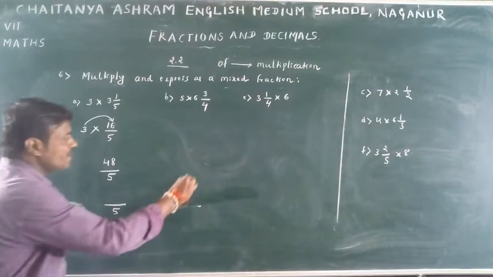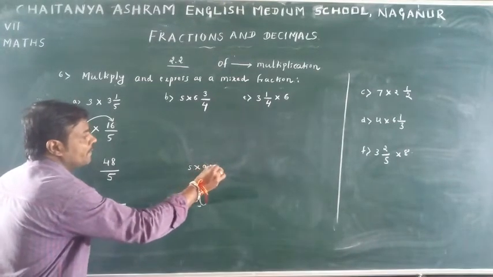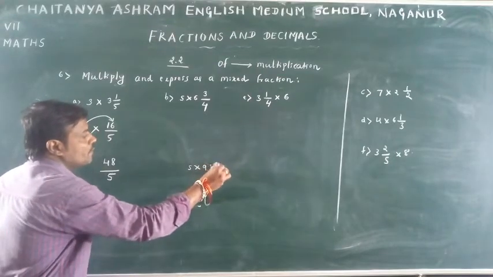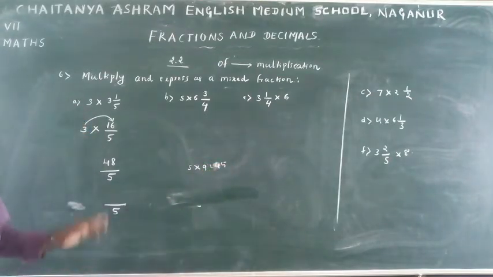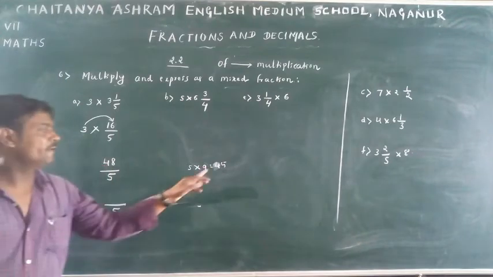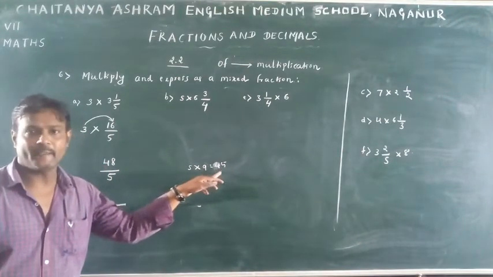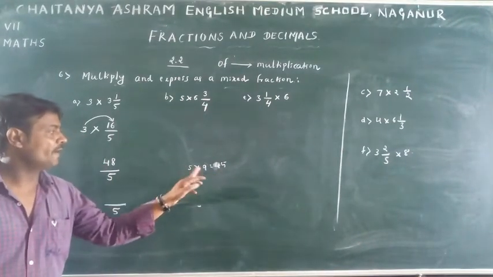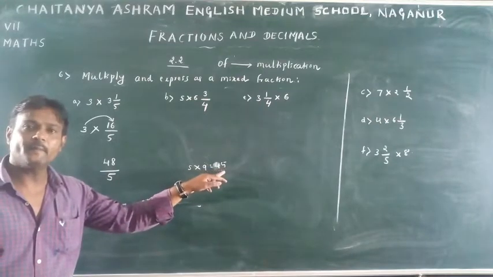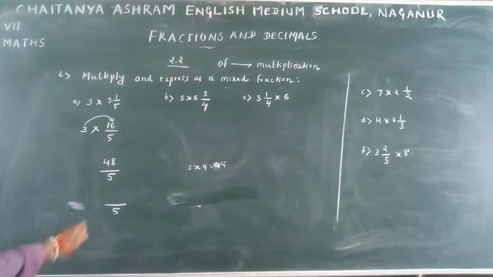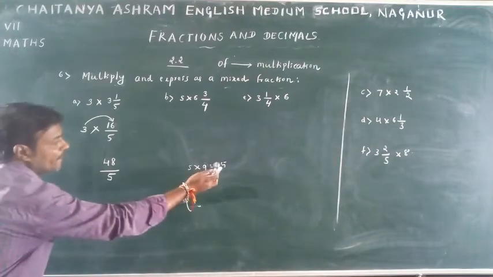Okay, obviously 5 into 9 is 45. So near to 48 is 45 in the fifth table.